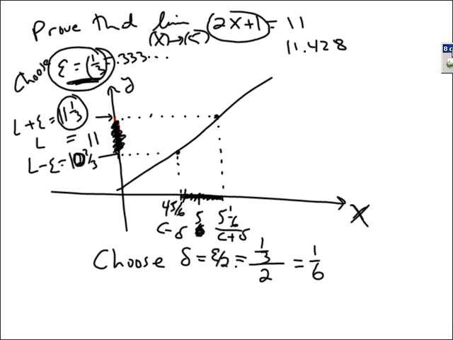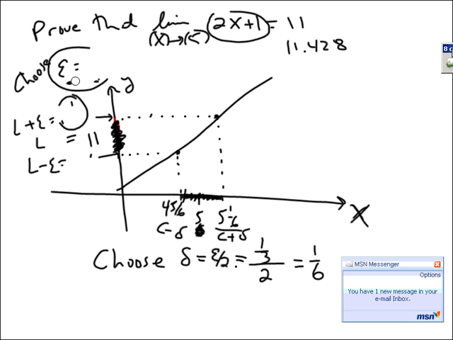If you say, oh, but 1/3 is pretty big, not a problem. Let us change that value. Let epsilon be very, very small.